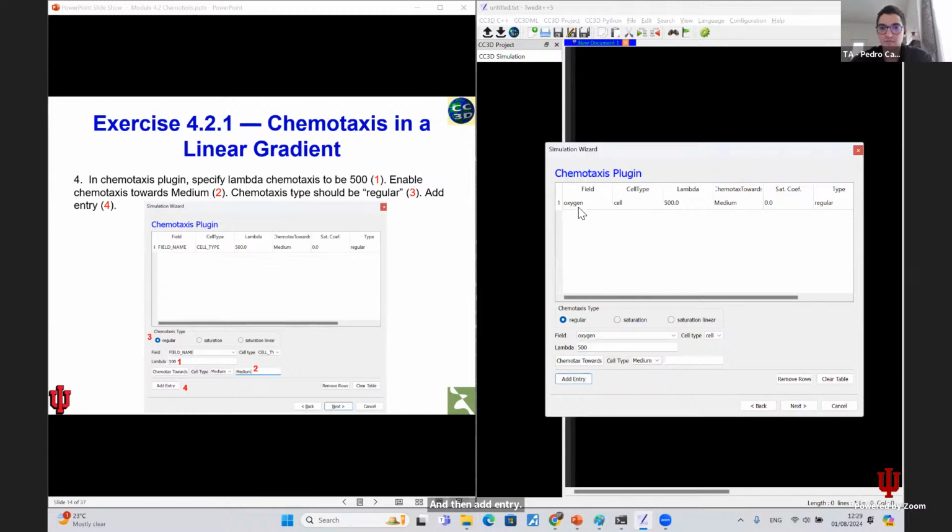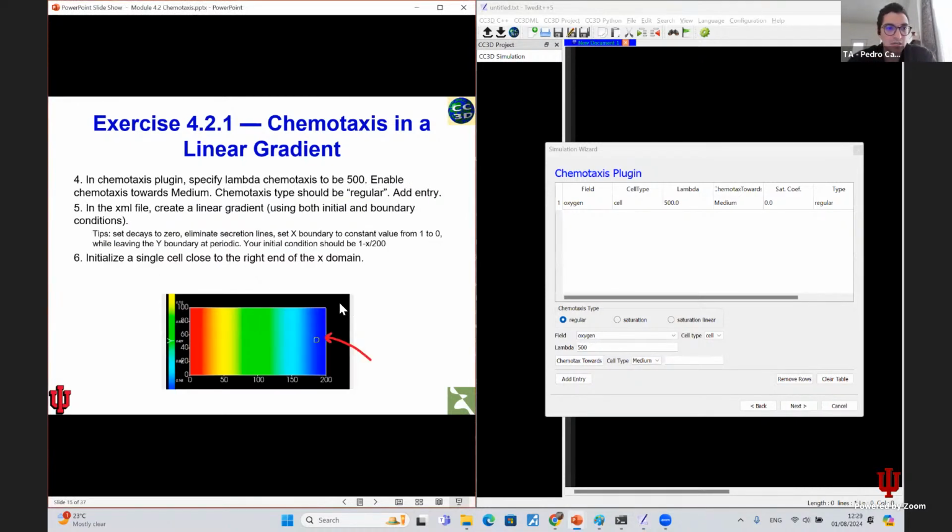So here I see my field oxygen, my cell type cell, my lambda 500, chemotax towards medium, and type regular. Okay, we are good. I'll proceed.